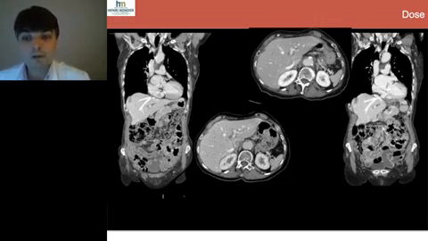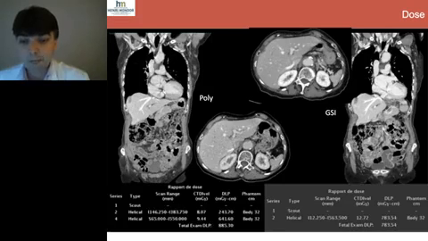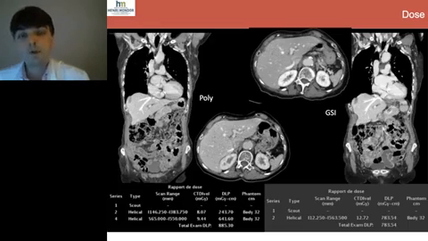Now that situation was performed after a non-enhanced phase that you can see here with the dose showing here, and an enhanced thorax, abdomen, and pelvis acquisition. CTDI 9 for that thorax, abdomen, and pelvis acquisition. The same acquisition in spectral imaging is 12. So there is a price to pay in terms of dose.